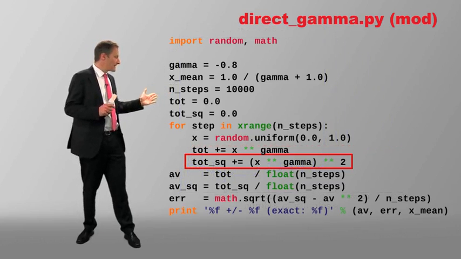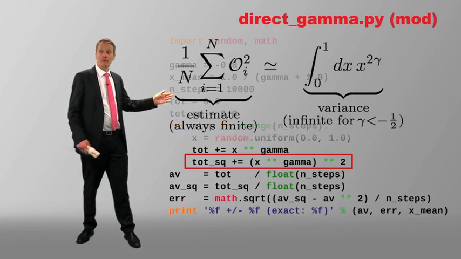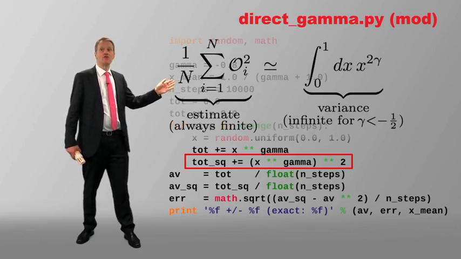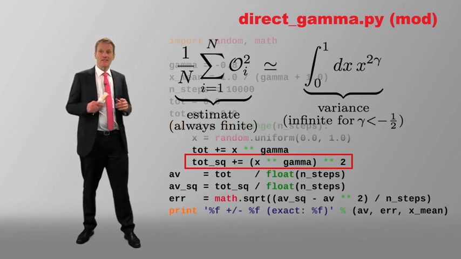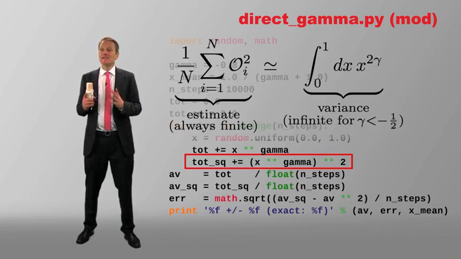And this sum approximates an integral, which is the integral from 0 to 1 dx x to the 2 gamma. So this is the integral from 0 to 1 dx x to the minus 1.6, and this integral is infinite.